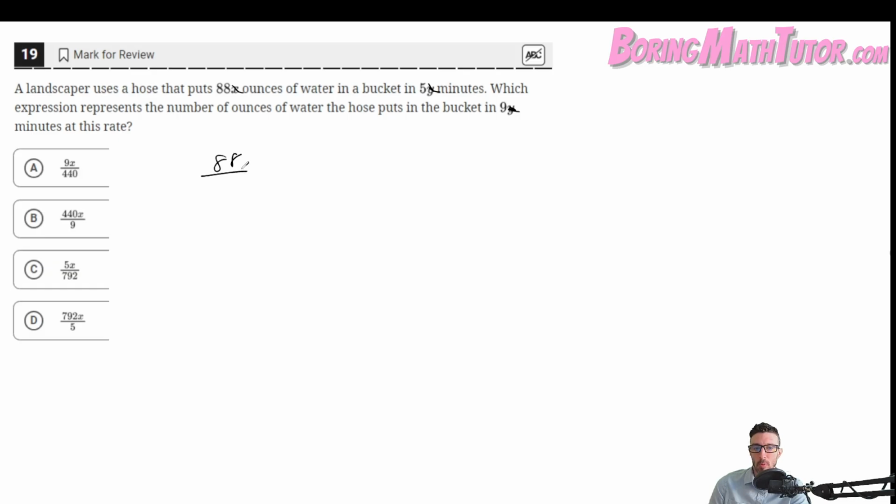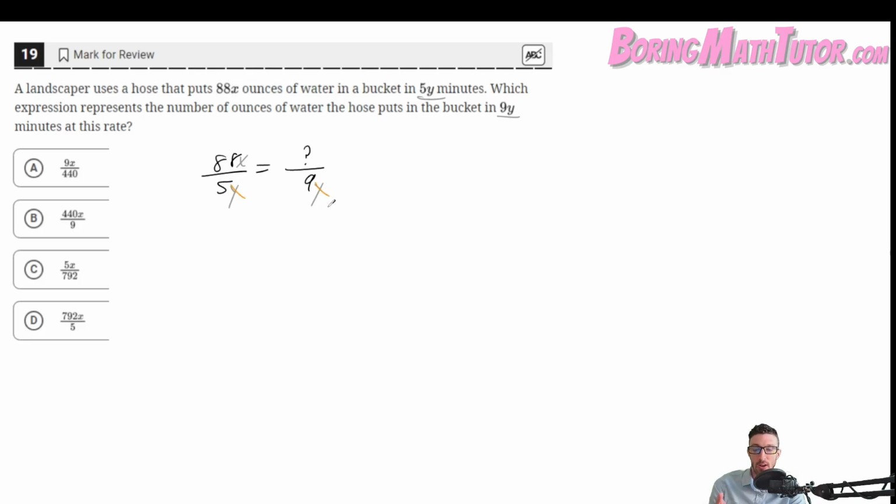You would just set up a proportion where you say 88 over 5 is equal to some mystery number over 9. Now, it wasn't really 88. It was supposed to be 88x, and it wasn't 5. It was 5y, and over here it wasn't 9. It was 9y.